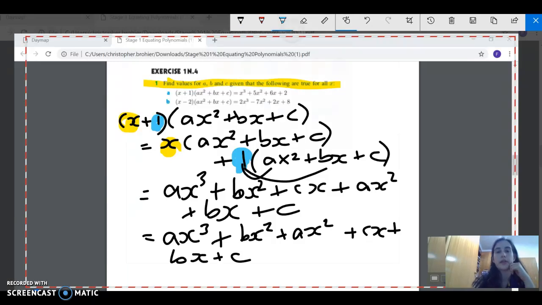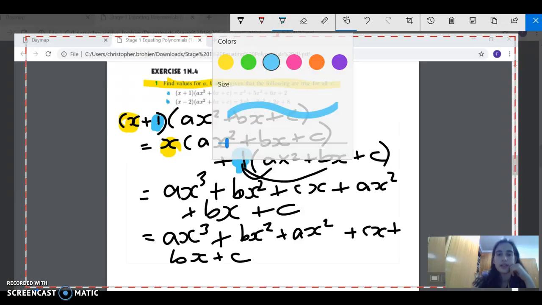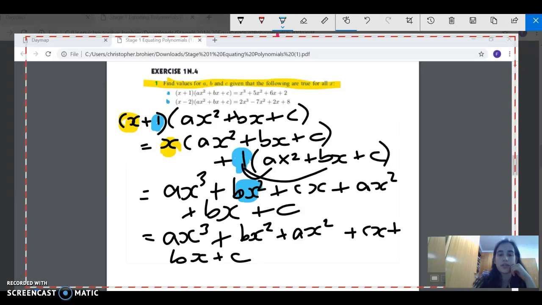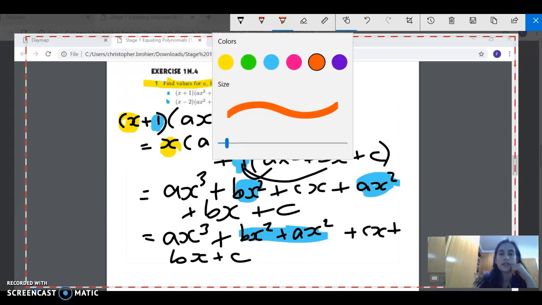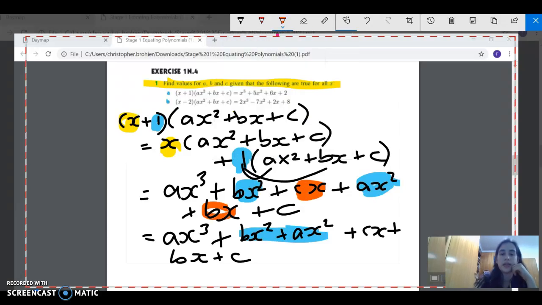I hope you're copying this as we go because I'm going to start rubbing out in a minute. So, where did everything come from? Well, this bx squared term went together with this ax squared term. This cx term went together with this bx term to form cx plus bx. And the c stayed on its own and the x cubed stayed on its own.